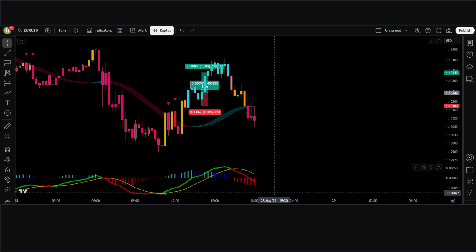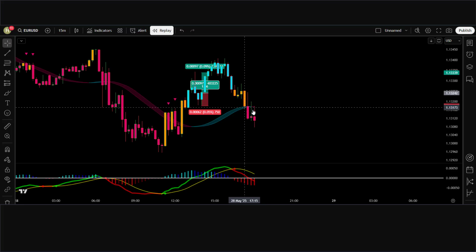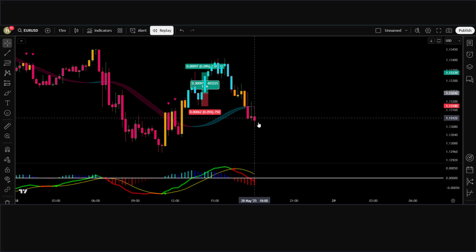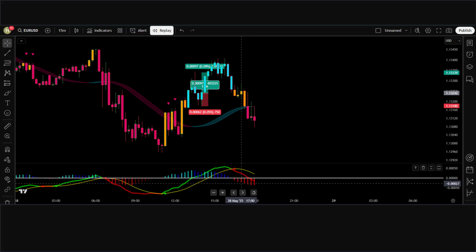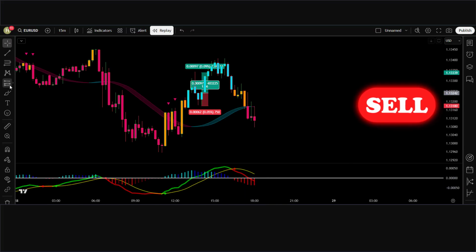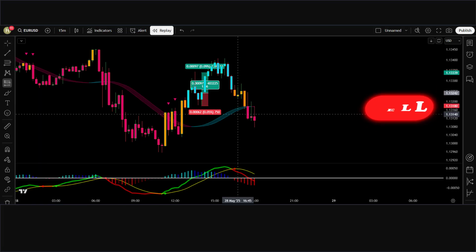We have got the signal. Here the Range Filter X-Hull Suite indicator gives us a red area sell signal. The market has made a bearish candle to give confirmation. The MACD custom indicator is a bearish crossover. So all our conditions are being fulfilled, so we are placing an order to sell.